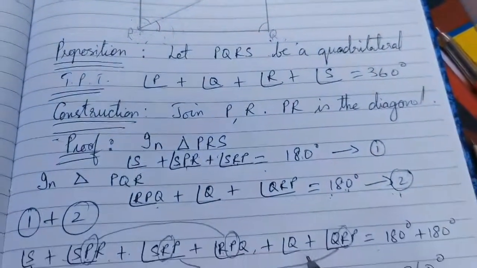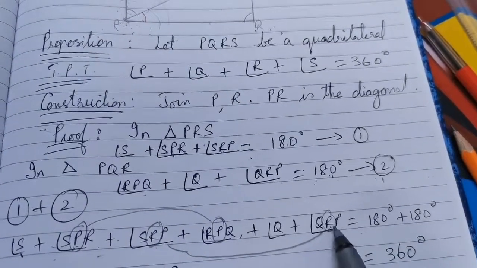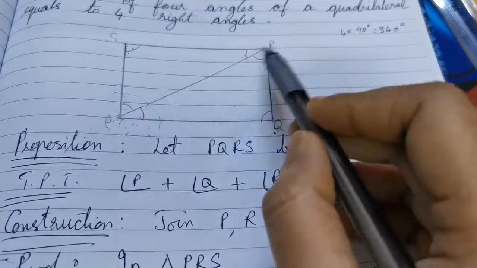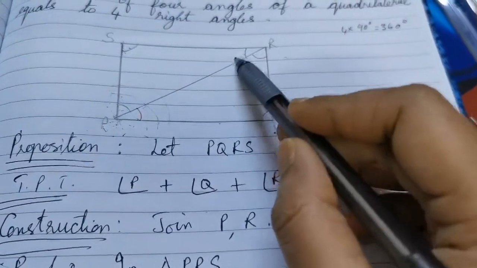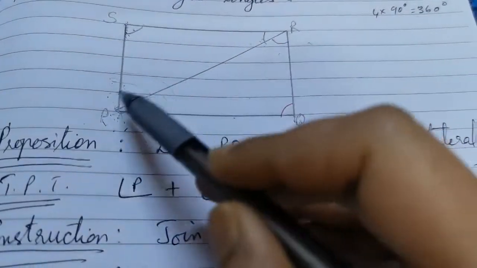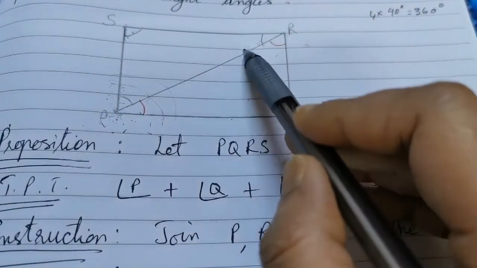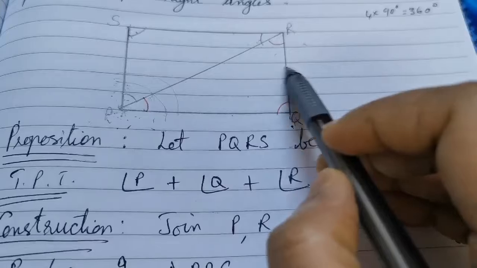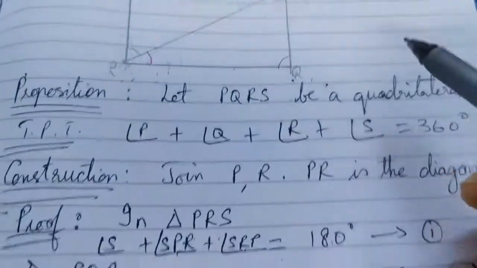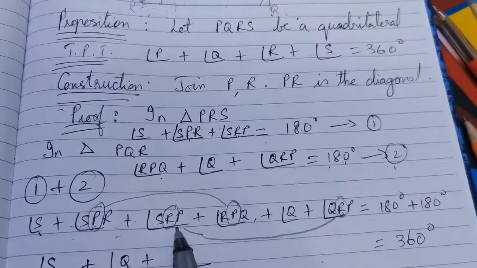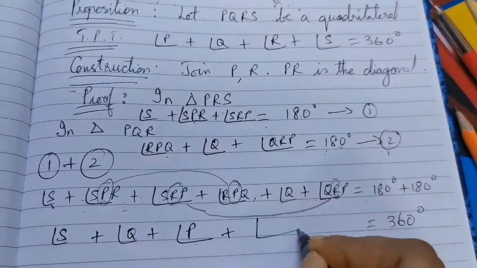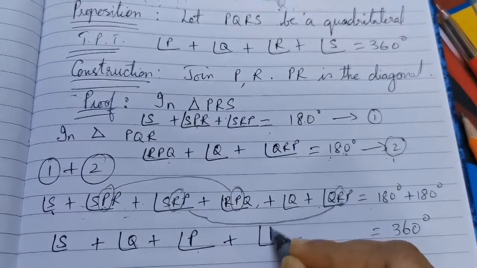Always look into the middle, the alphabet in the middle. So SRP is here, and QRP refers here. So this part and this part, when you add them together, you get the entire R angle. So when you join SRP and QRP, we get the entire R angle.